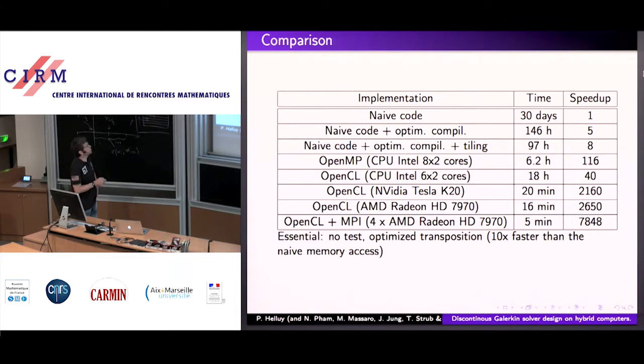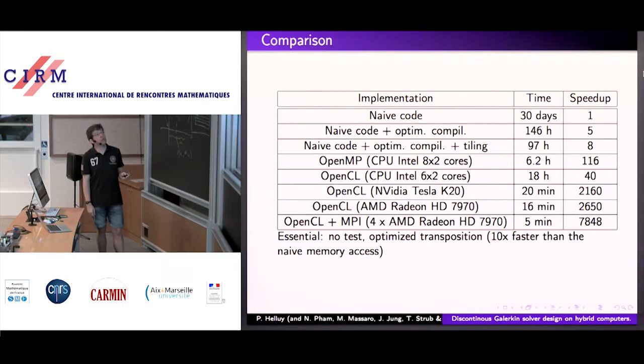What is essential here is that in OpenCL you have to avoid tests, because remember that in a compute unit you have several processors, and all the processors will do the same operation at the same time. So if you have tests, all the processors will go into all the test branches. So it's very important to avoid tests in OpenCL.